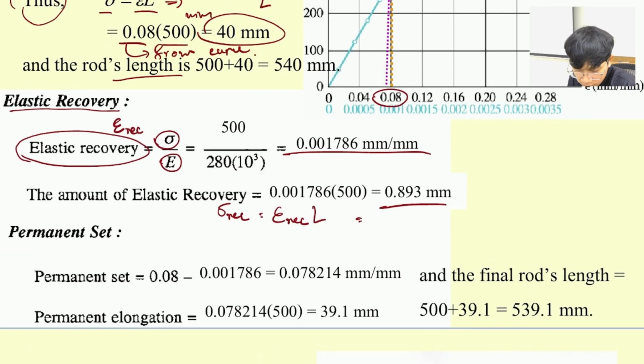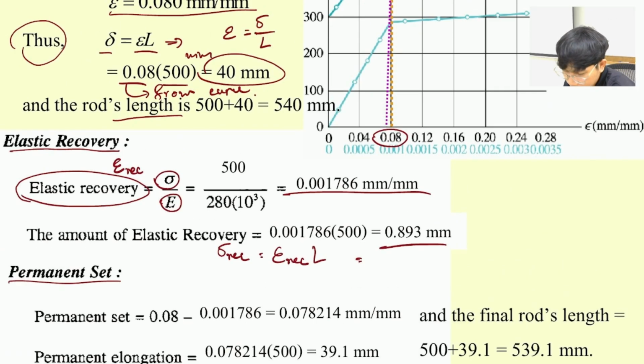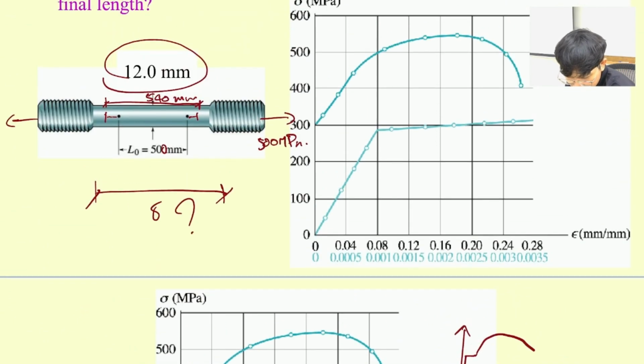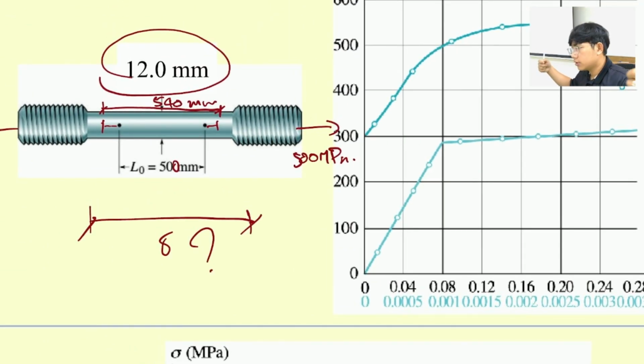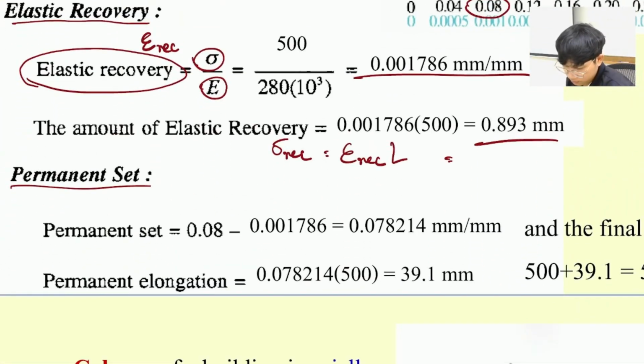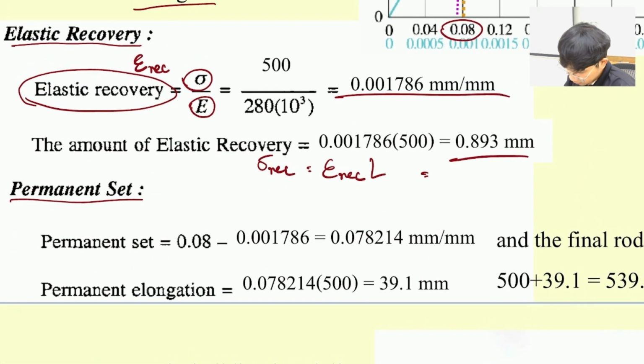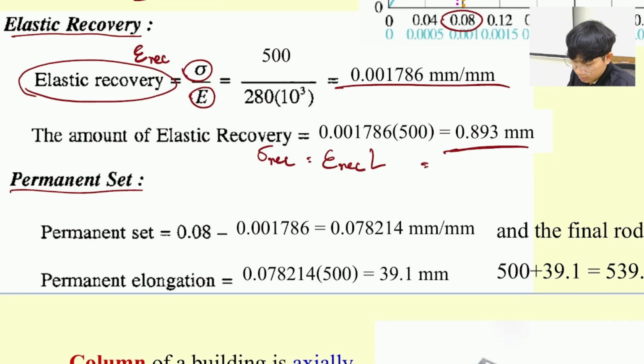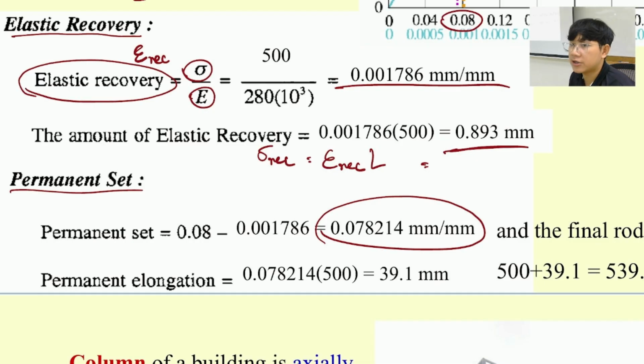Okay, and next we're going to find the permanent set, which means if I pull it, it's going to extend to 540. When I release it, what happened? It's going to shorten by 0.893, which means there will be a huge permanent set on this material.